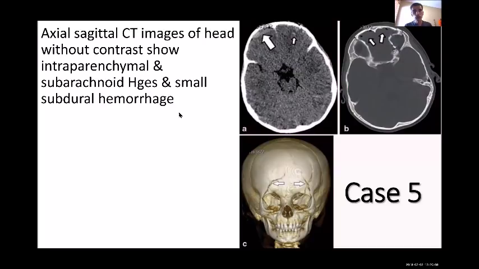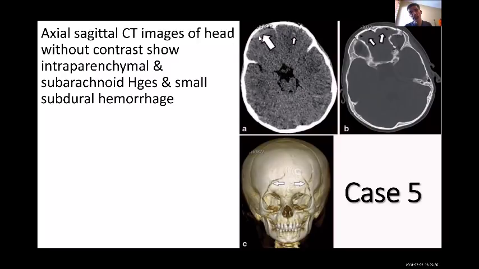So this is an axial and sagittal CT scan image without contrast showing intraparenchymal and subarachnoid hemorrhage and a small subdural hemorrhage. I would call it intraaxial bleeding because there are different types of bleeding. There is bleeding inside, if you see the dots, and there is subarachnoid. The difference here is the shape.